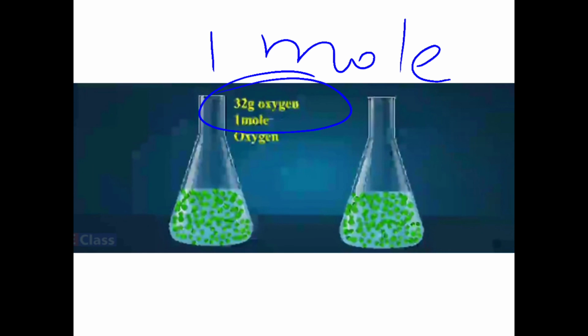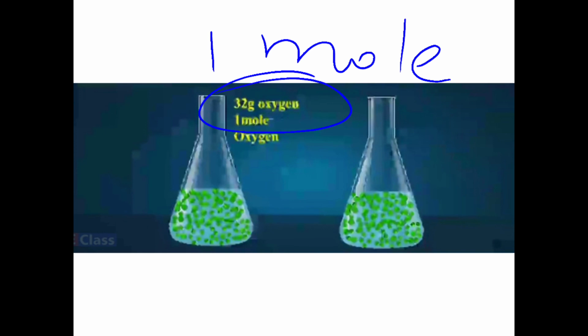So what is 1 mole? Now I'll take any compound, not just oxygen. So 1 mole of a compound is the mass of that substance in grams. We had taken oxygen, its molecular mass came out as 32, expressed in grams, so 32 grams.